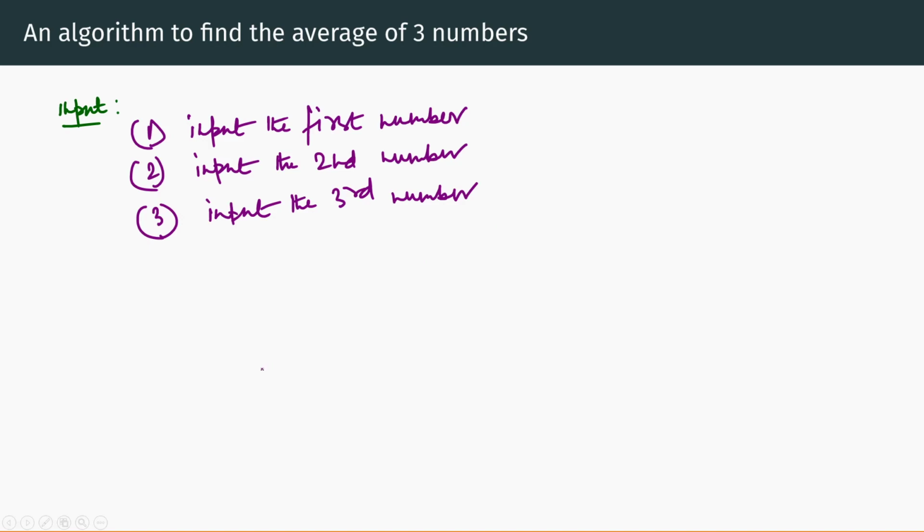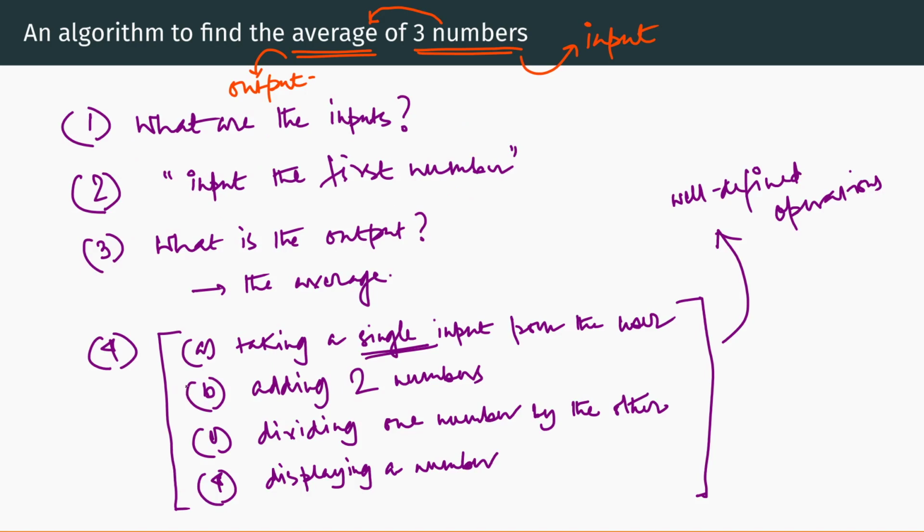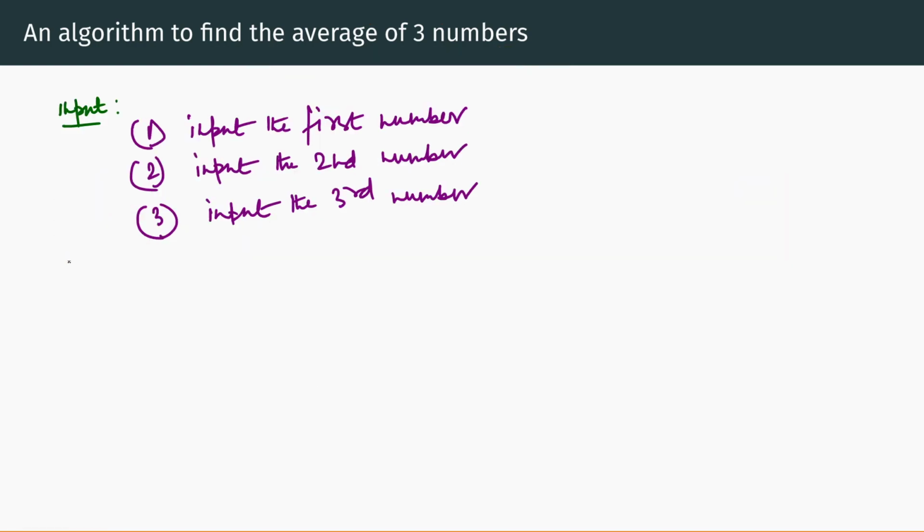Okay, now the next legal operations that we have to use are the addition and the division operators, right? Adding two numbers, dividing one number by the other. So the next step in this algorithm is processing. Okay, so step 4 is add the first and second numbers.